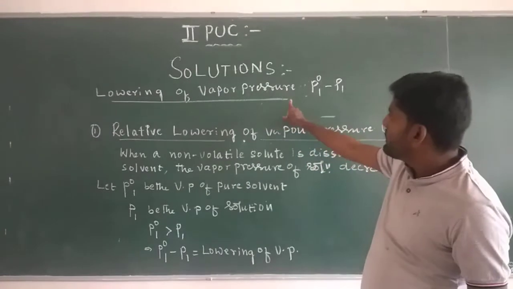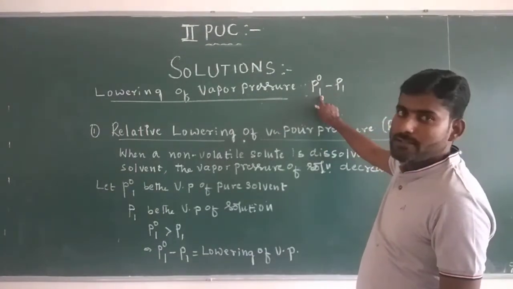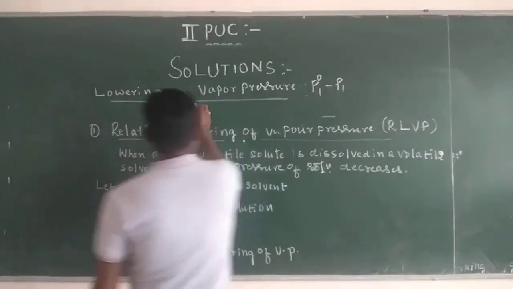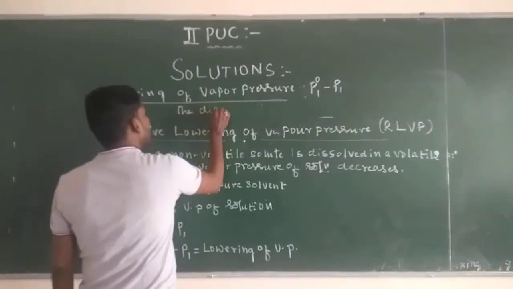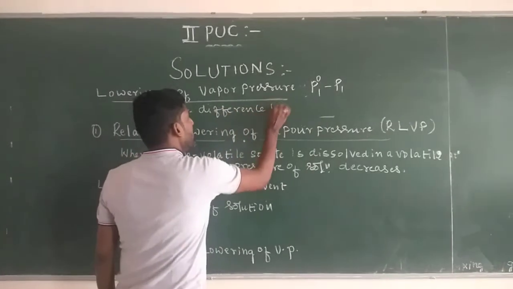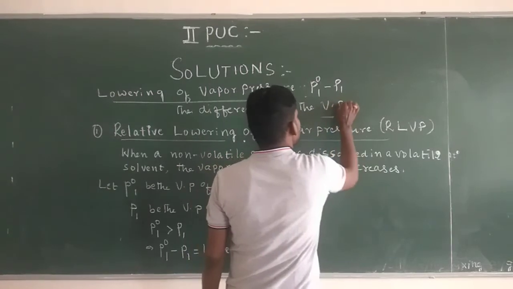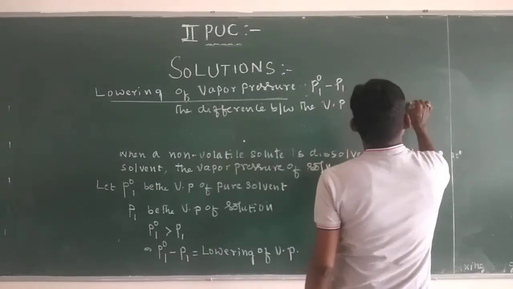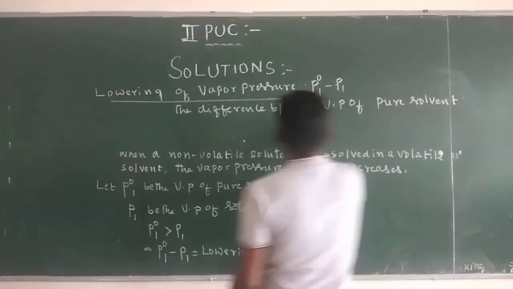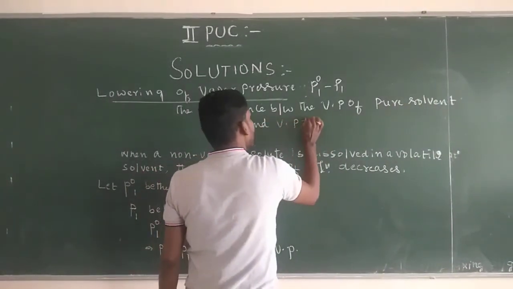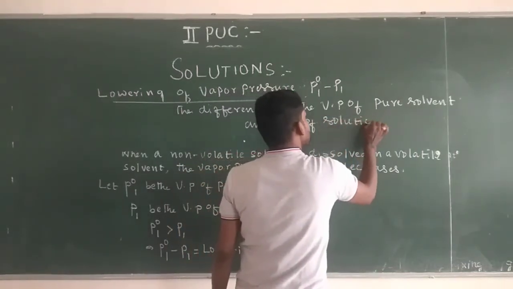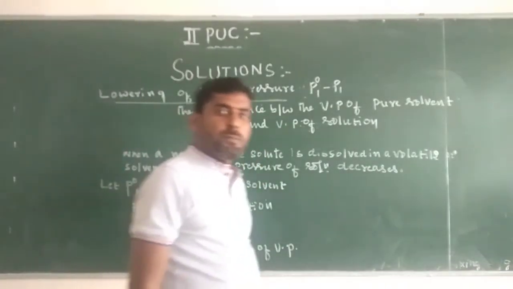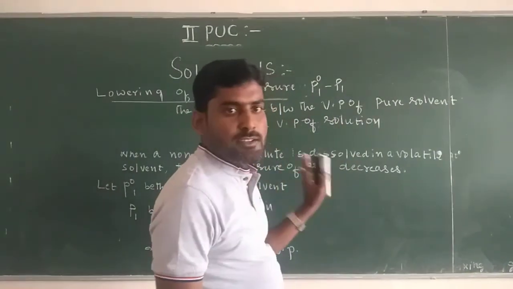That means lowering of vapor pressure is the difference between the vapor pressure of pure solvent and the vapor pressure of a solution.